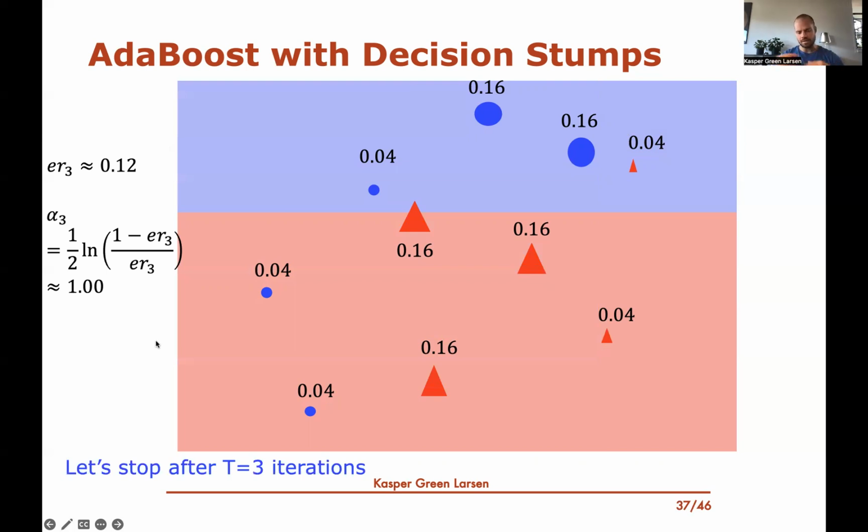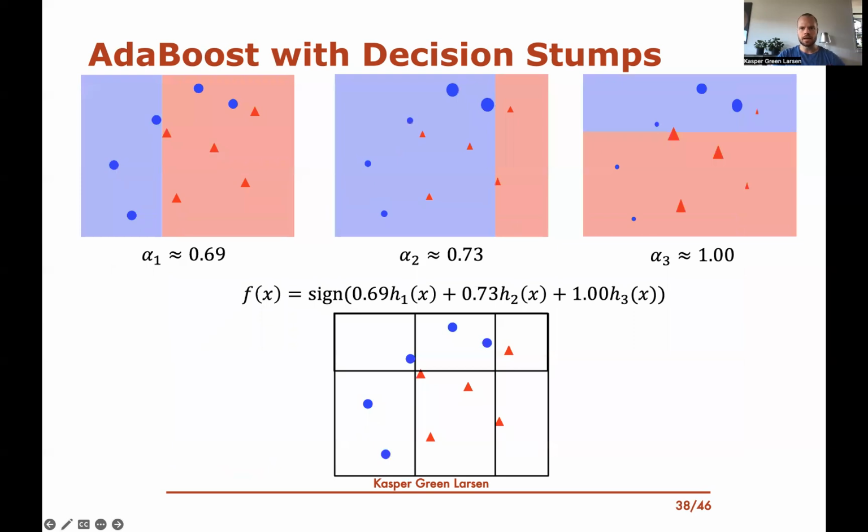So let's just not do the last reweighing. Now we know what the coefficient is, at least on this third hypothesis. Let's stop here and see what happened, right? So we ran AdaBoost, and what we saw was the first round we trained this decision stump, and we computed a weight of it of 0.69. Next iteration, we computed this decision stump. The weight was alpha 2 being 0.73.